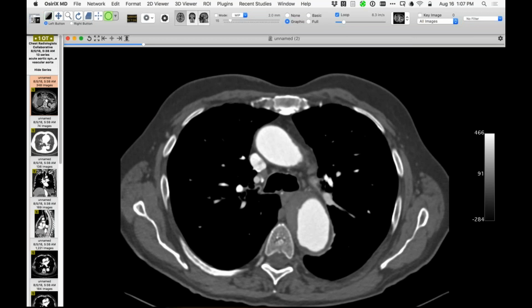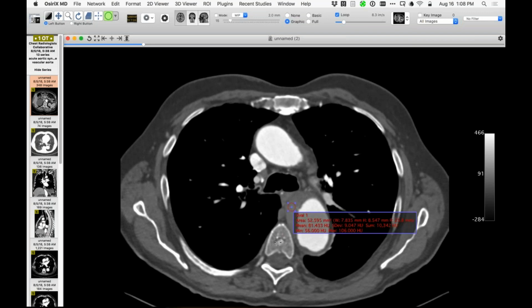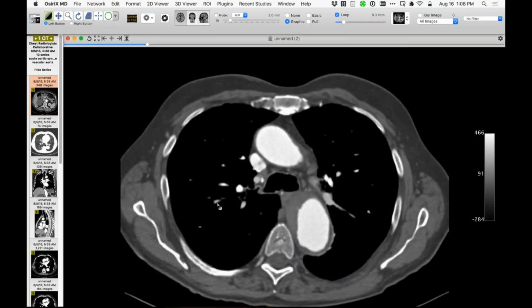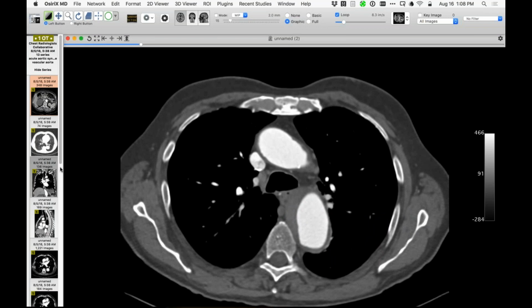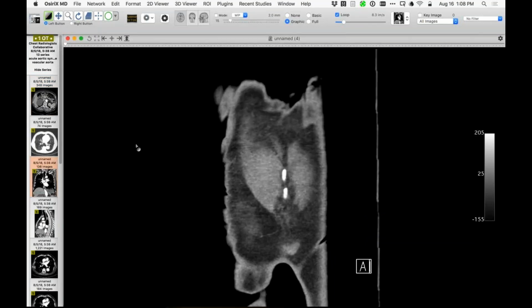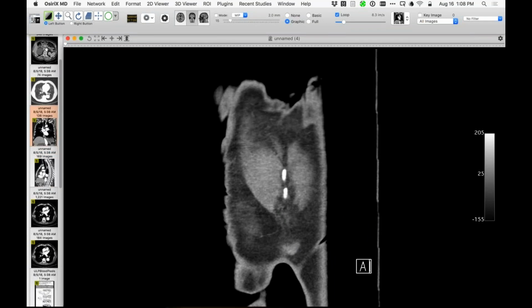I suspect that if you had a non-contrast, this would be relatively hyperattenuating. Let's see, Hounsfield units here are in the range of 80-ish Hounsfield units at that level.